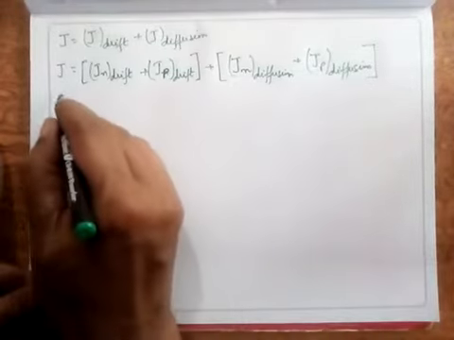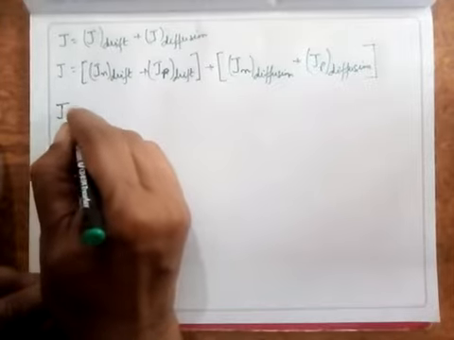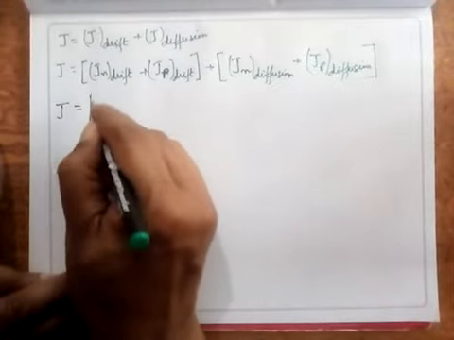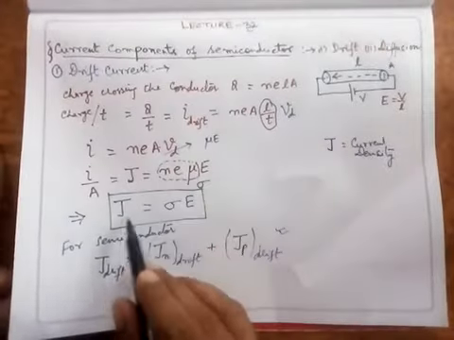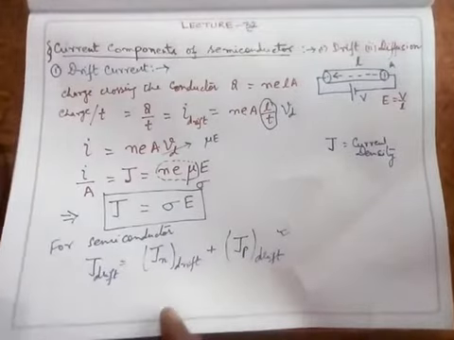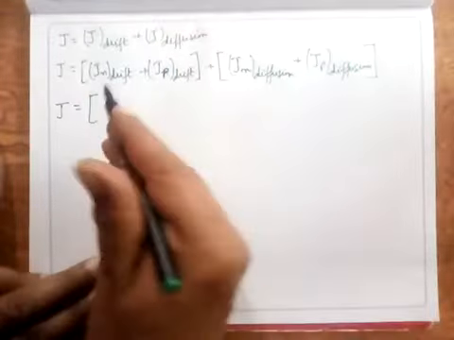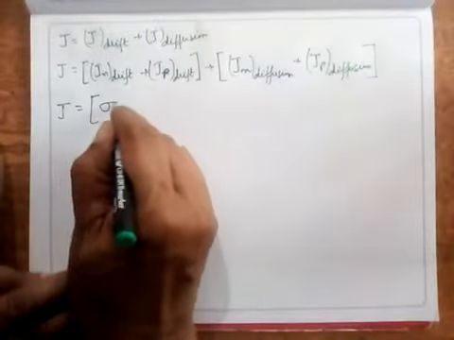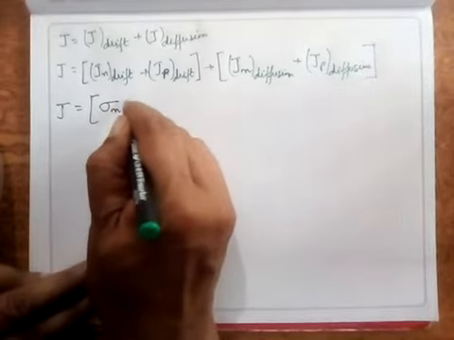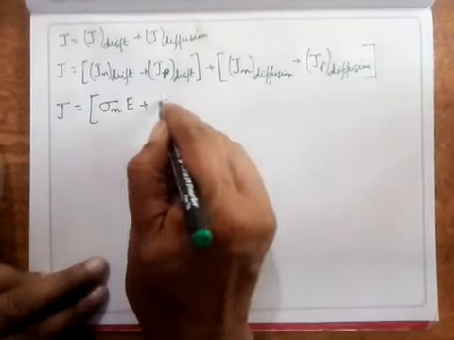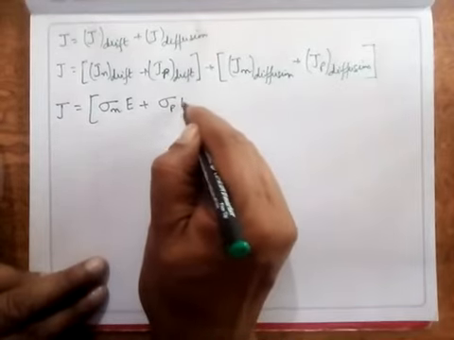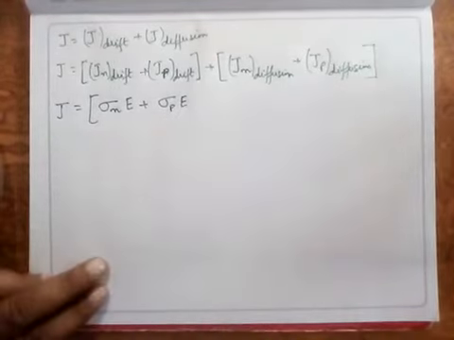Now J drift, look at this J. We have discussed that this drift current density is equal to sigma E. So due to electrons, I write this as sigma n into E plus this factor will be sigma p into E. I hope that this is clear to you.